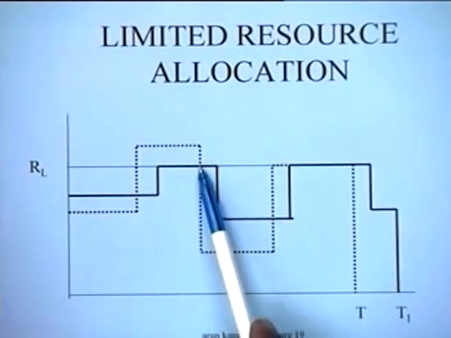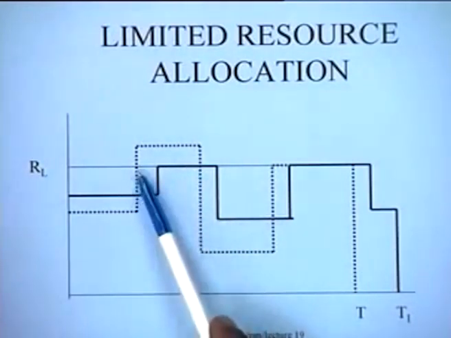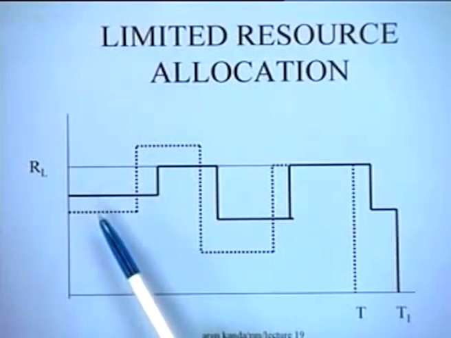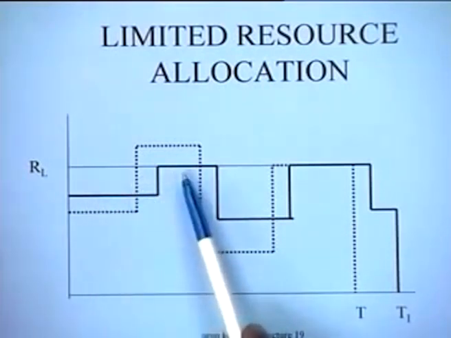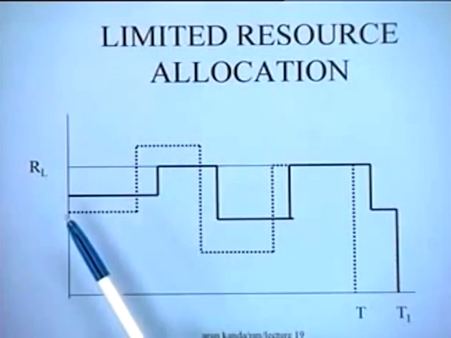So, you would have to make special provisions either to hire additional resources or to make some other arrangements of subcontracting and so on. Now, if this was not possible, we would have to look for means by which we could accomplish the project within the limited resource availability.